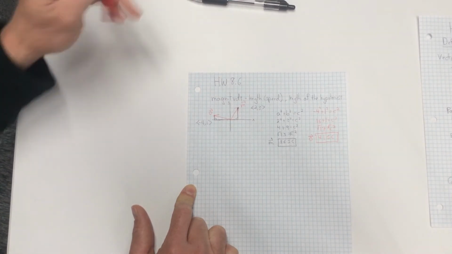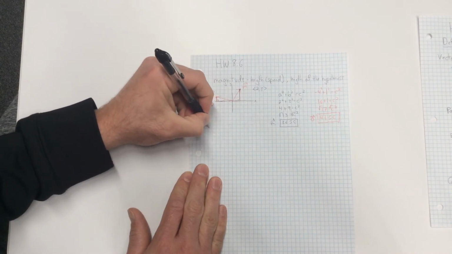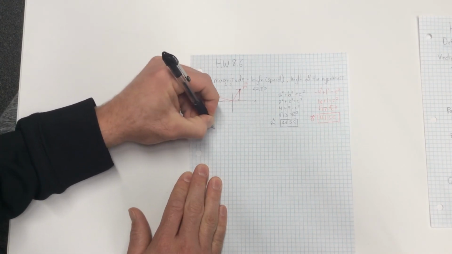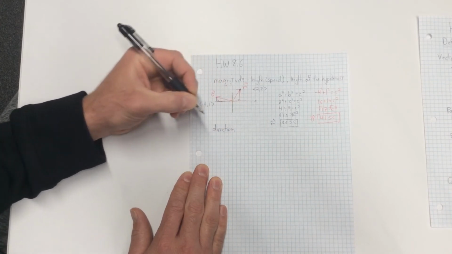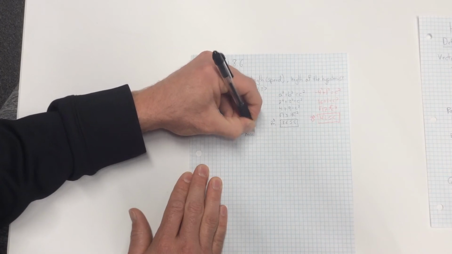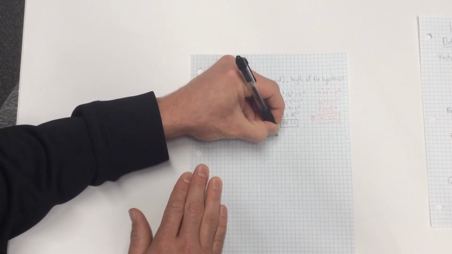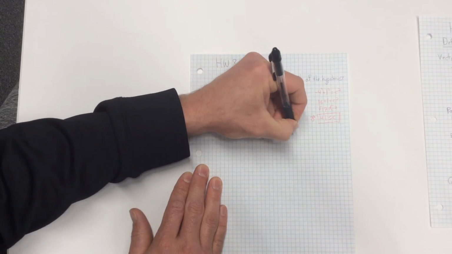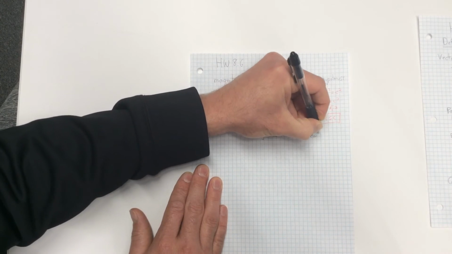The one other thing you then need to be able to do with vectors is find their direction. And this is where we'll use our SOHCAHTOA. Because the direction is simply the angle made by the vector with the horizontal or vertical axis.